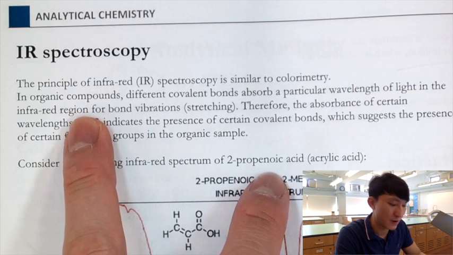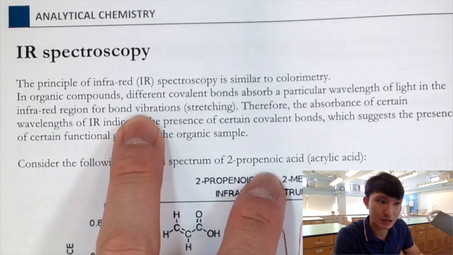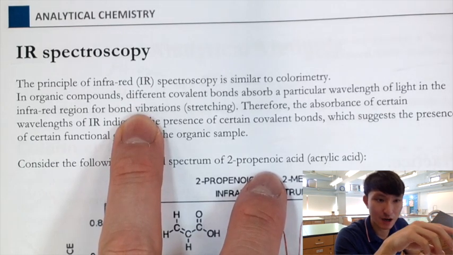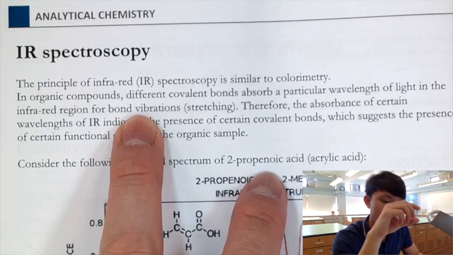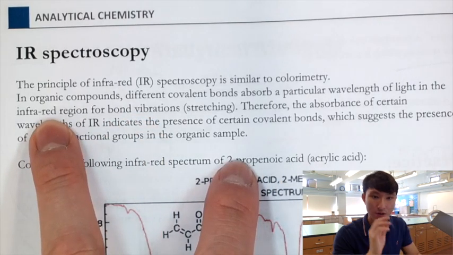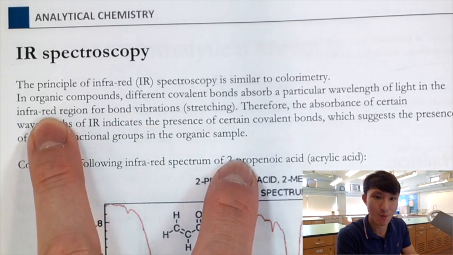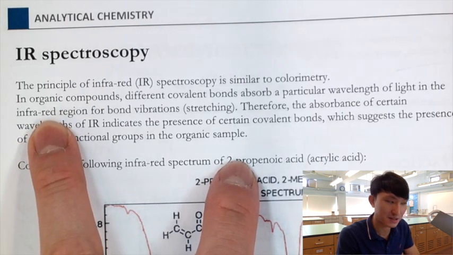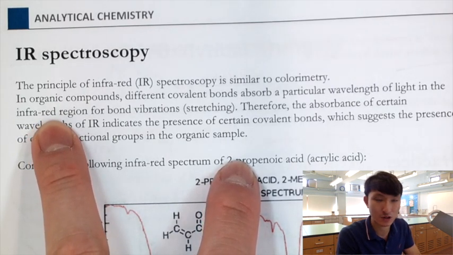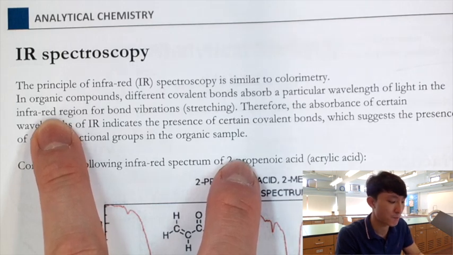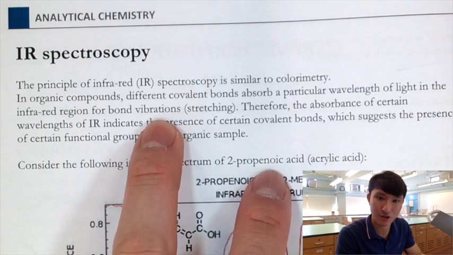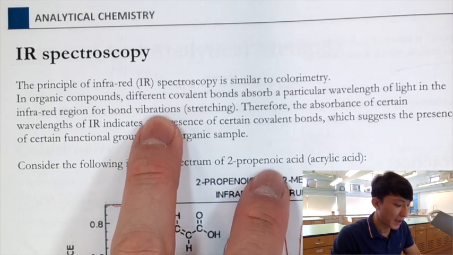The very simple idea is that bond vibration requires a certain energy, and this energy turns out to fit within the infrared region. So it is not a very high energy EM wave; it is actually weaker than visible light, but this is the energy that bond vibration requires.